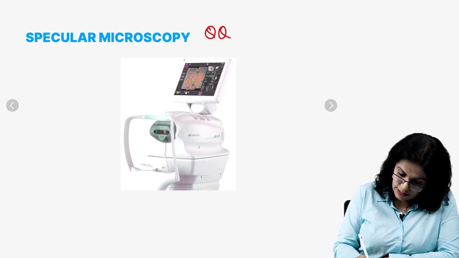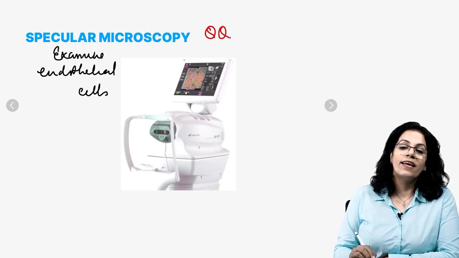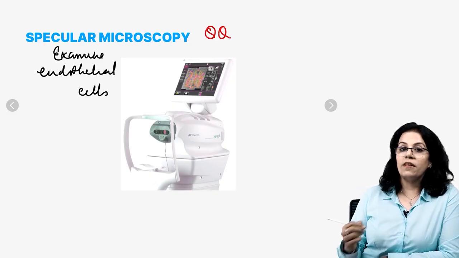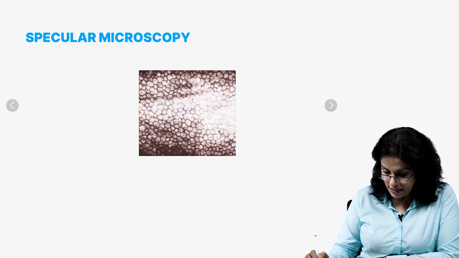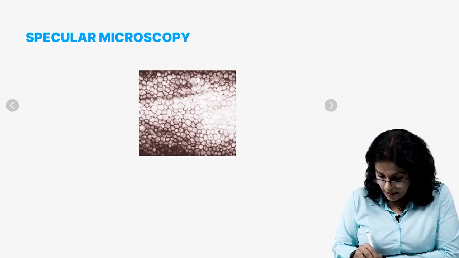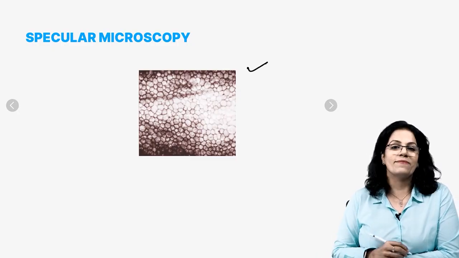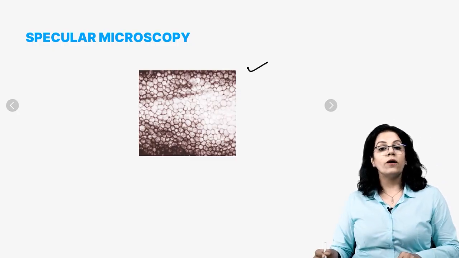Specular microscopy is to examine the endothelial cells. Examine endothelial cells. I talk so much about endothelial cells, about morphological compensation, about the number. Everything, all details can be seen, and generally this is how you are examining how many cells have undergone polymegathism or pleomorphism. There's another important thing. What is corneal guttae?